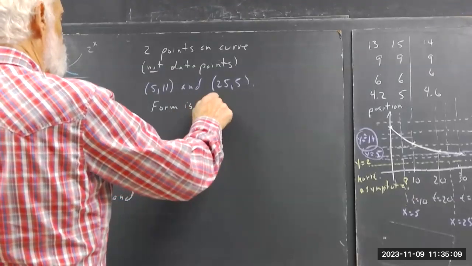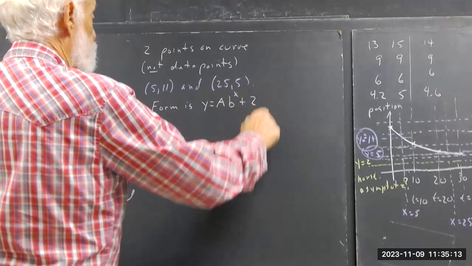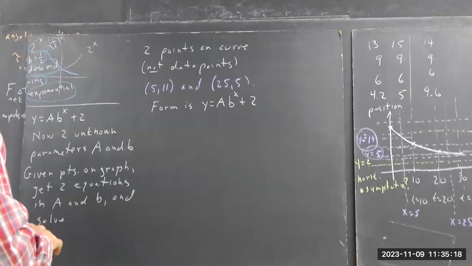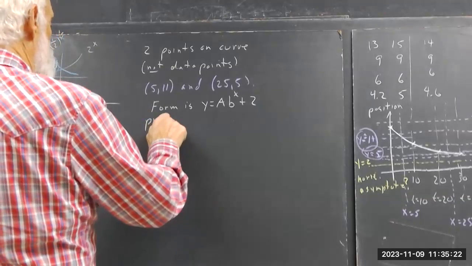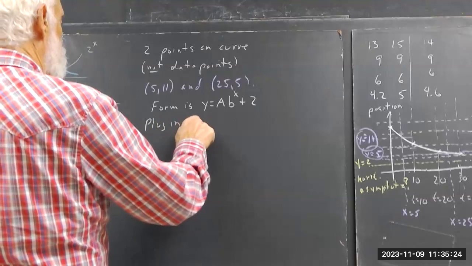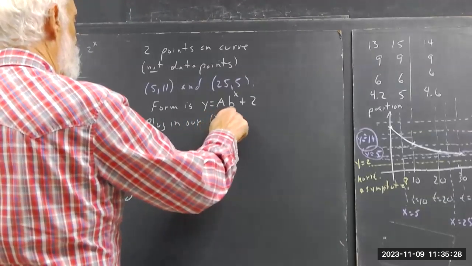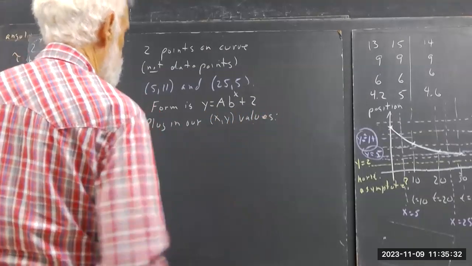Form of our model is y equals a b to the x plus 2. Okay. So plug in our XY values.